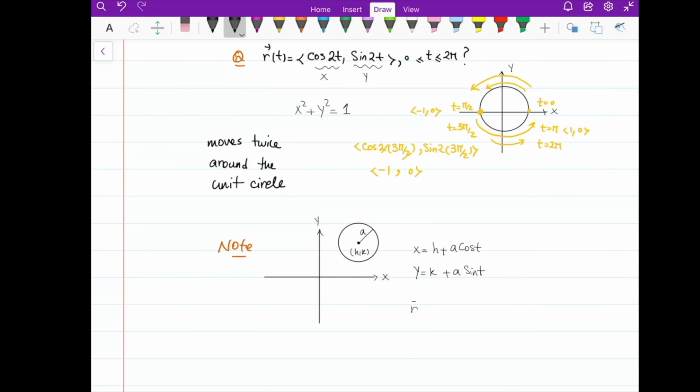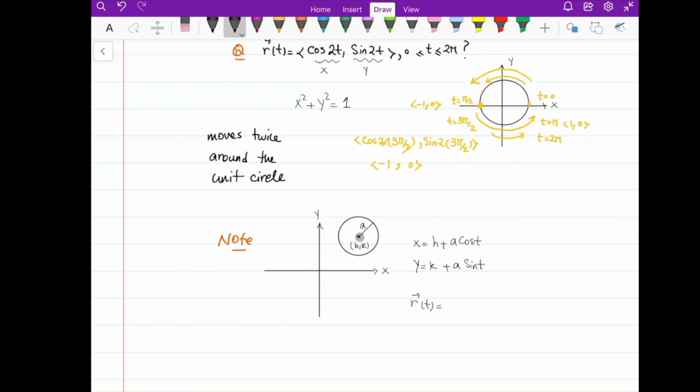Therefore, the parameterization r of t, if I want to parameterize a circle at the center h and k, would be h plus a cosine t and k plus a sine t, where t is between 0 and 2 pi. You can say when t equals 0, I get cosine of 0, which is h plus a, so I'm going to be here at t equals 0, and it moves.